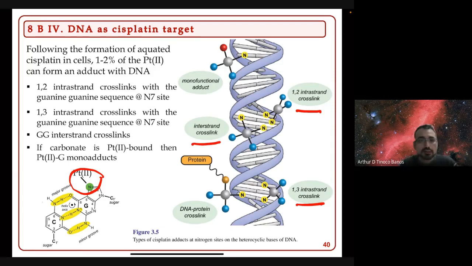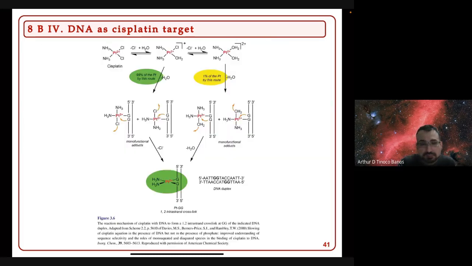And now that the speciation of the platinum center is better understood, there are even suggestions that perhaps more monofunctional adducts, as opposed to these types of crosslinks, may be the mechanism by which the platinum interacts with the guanine of DNA. The idea is that however this platinum center interacts with DNA, it will alter the structure of this nucleic acid.